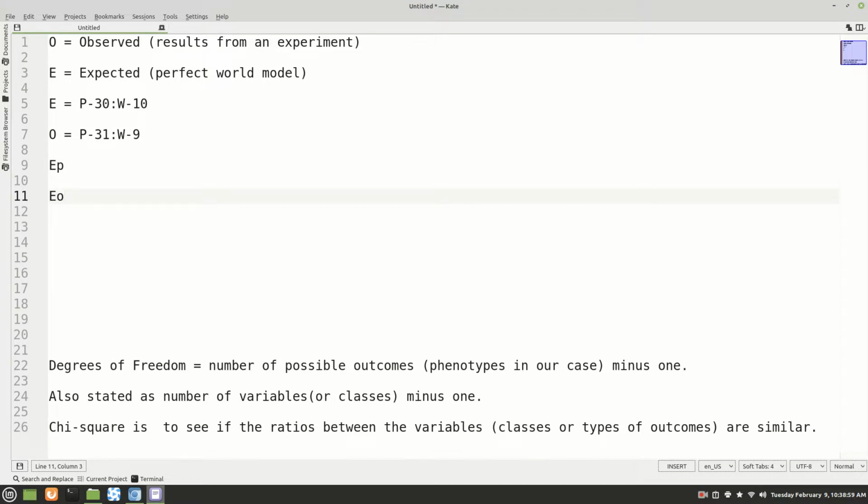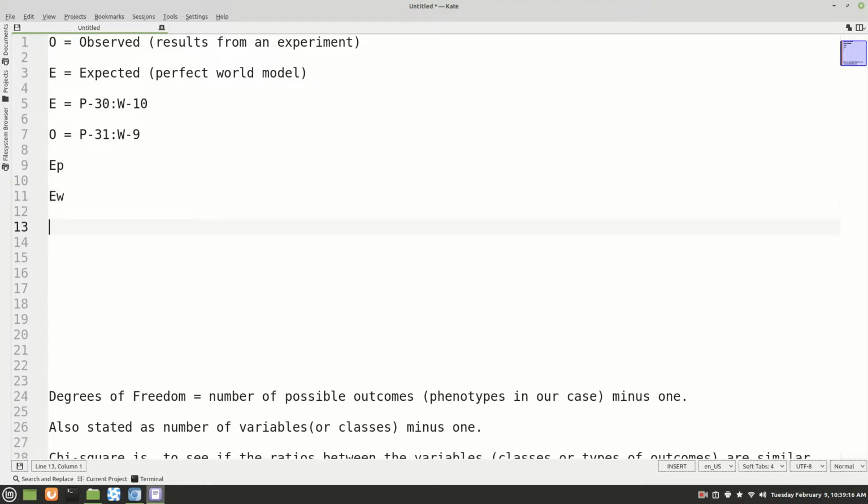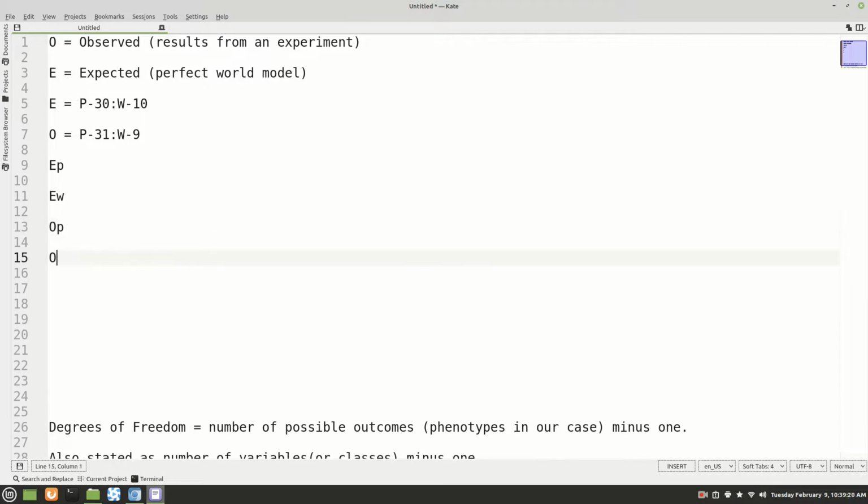All right, and the expected for purple and the expected for white. There's also the observed for purple and the observed for white.